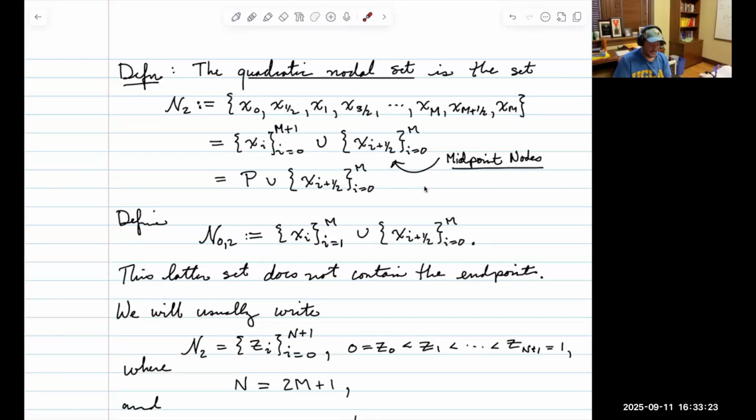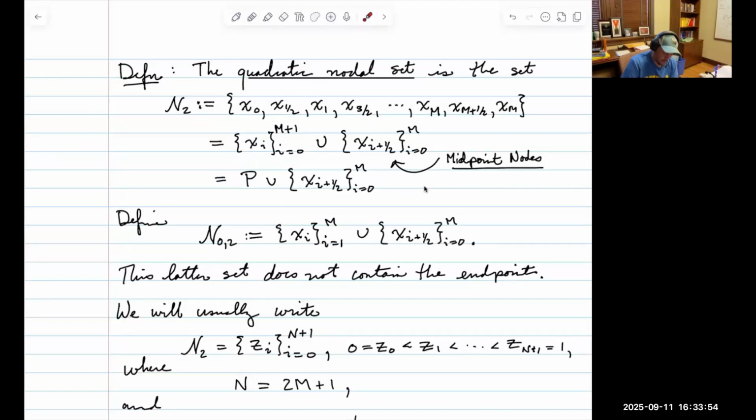That just means that in this partition, I'm going to drop the 0 and the n plus 1 points. So I'm going to decrease the set a little bit, dropping the endpoints, and then my index runs from 1 to m only. This latter set is exactly the same as the previous one, except that it doesn't contain the two endpoints.